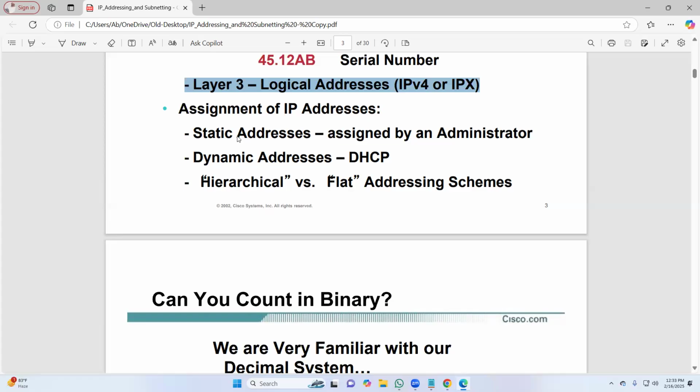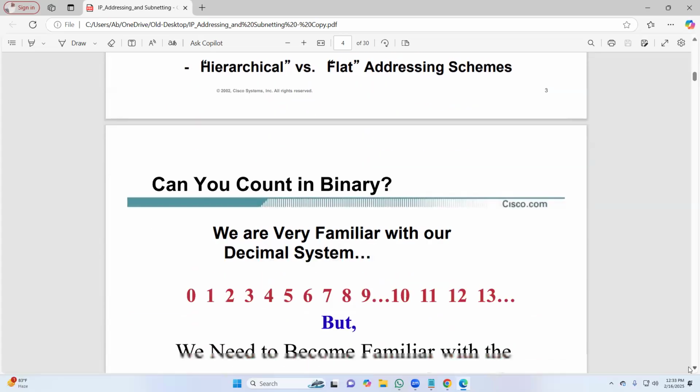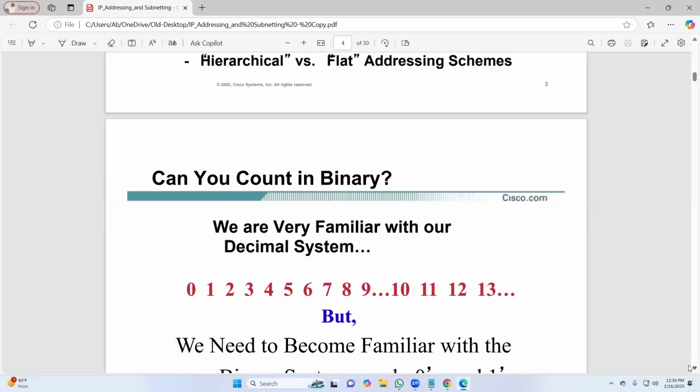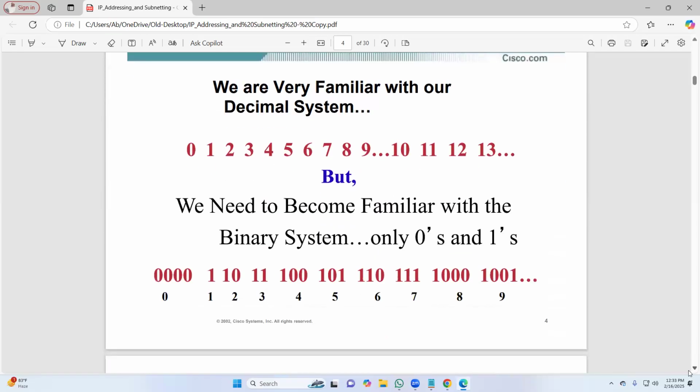Your internet service provider uses dynamic addresses, and a static IP address is a manual IP. Any administrator can assign it, but dynamic host configuration assigns automatically.